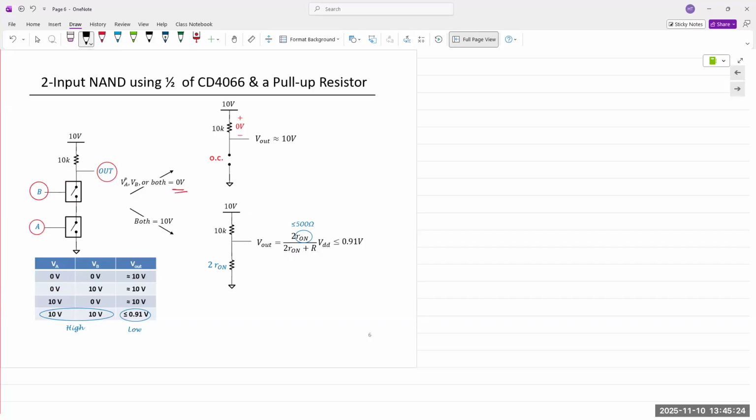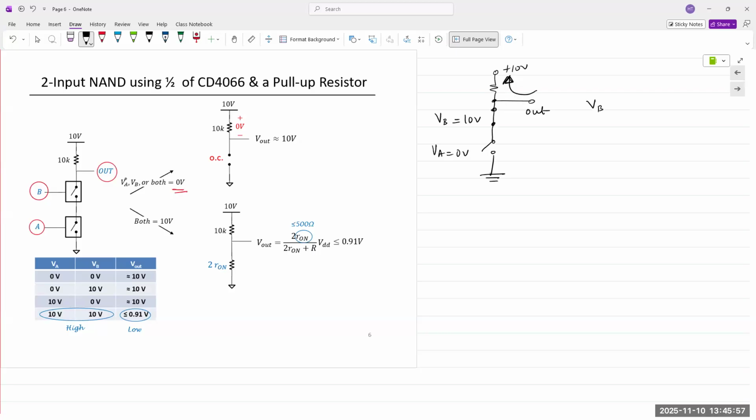So if VA, let's say, is 0, but VB is 10, your output is still connected to plus 10 volts, right? There's no connection to ground.